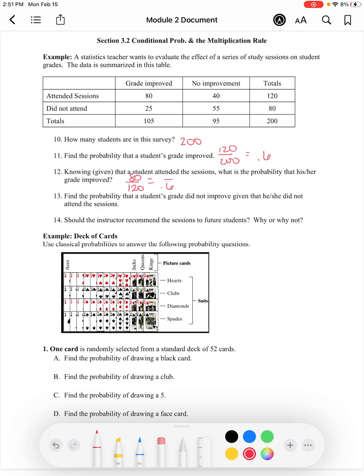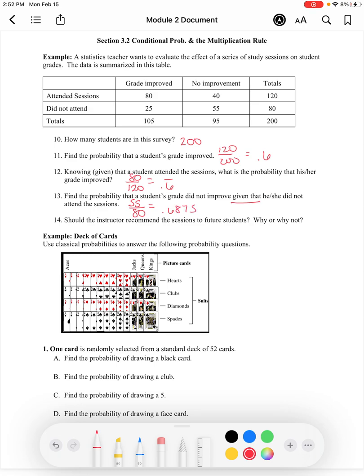Find the probability that a student's grade did not improve given that he or she did not attend the sessions. So that means that now I'm only talking about the 80 people that did not attend the sessions. Out of those 80, 55 did not improve their grades, so that's 0.6875.